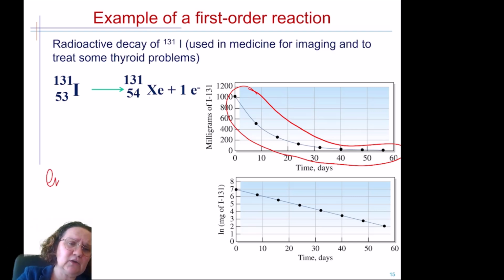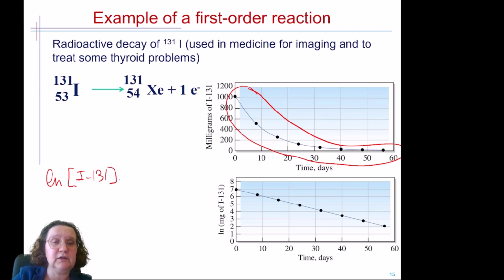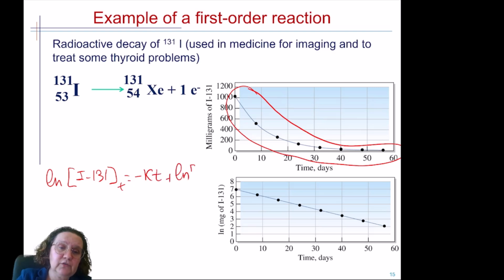If I take the equation I showed you before, but adapt it to iodine 131, you've got the ln of the concentration of iodine 131 at a particular moment in time equals minus kt, plus, again, the log in base e of the initial concentration of iodine 131.